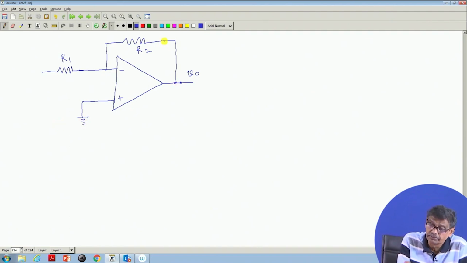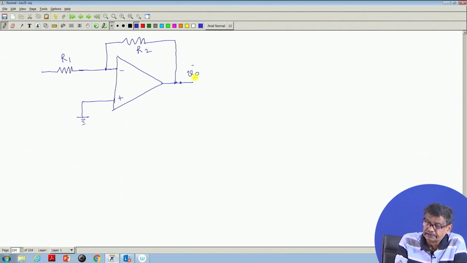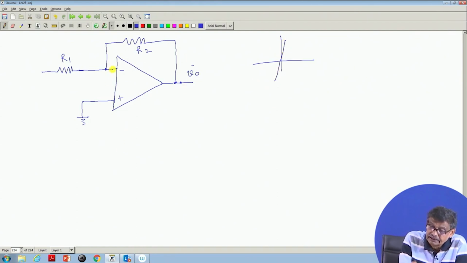Now, here you see I have used negative feedback. The output voltage is fed back to this point here. Now, in this case, this is not VDC, I will not expect that, because negative feedback is there. If it is some finite voltage and the op-amp is operating in the linear zone, meaning that the voltage required to get V naught here, how much will this be?